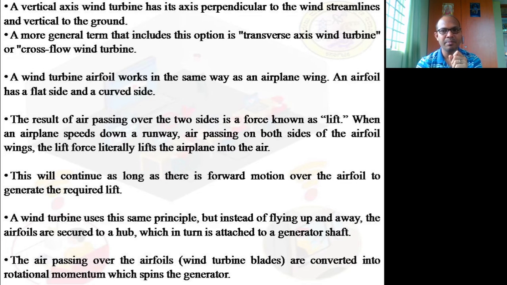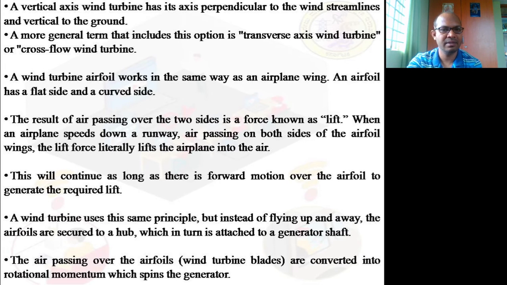If you go to any park, there will be a round disc. People will be standing all around it, and it will be rotated like this. That is what we call a rippling action. When you rotate it faster, there will be a rippling action. Is it clear? That is why it is called a transverse axis, or it may be called a cross flow.